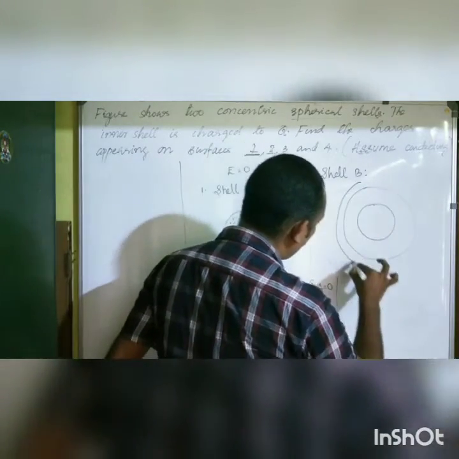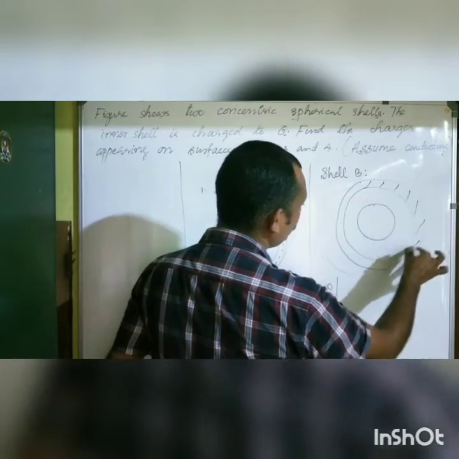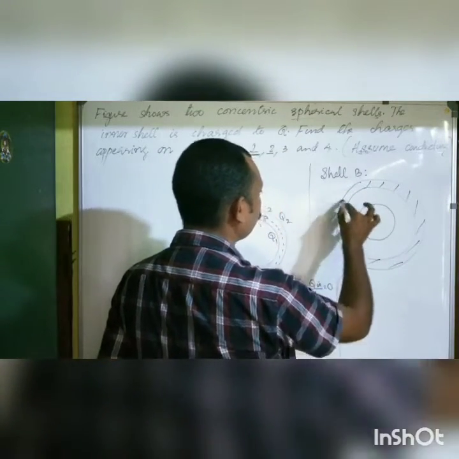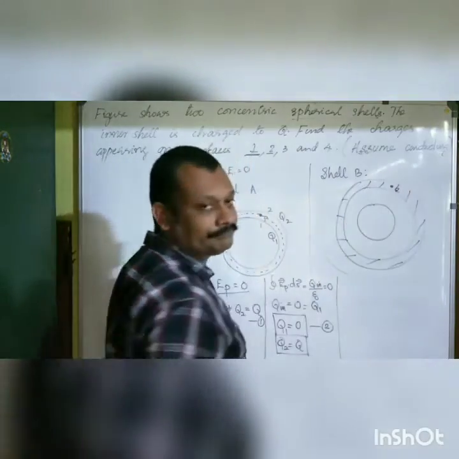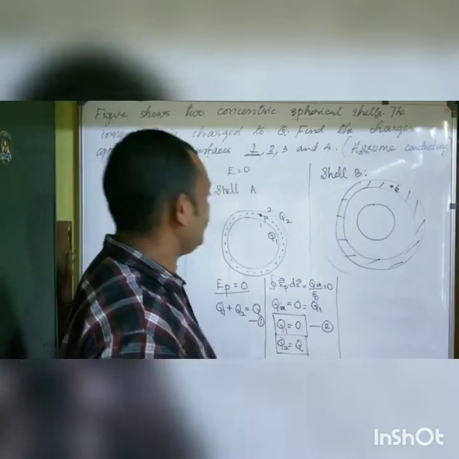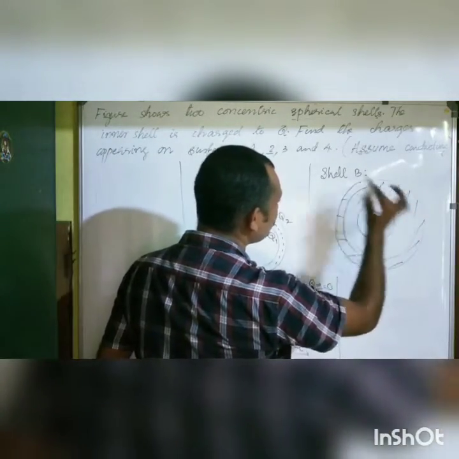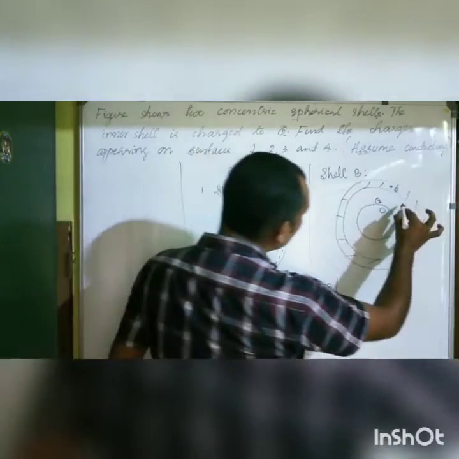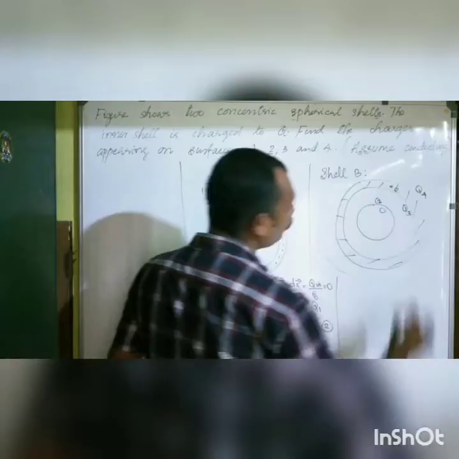Shell B, now I am considering, just like we did in the previous problem, taking a point R here. Now it's all easy. The charge on this surface is 0, the charge on this surface is Q. The charge on this surface I am taking Q3, the charge on this surface I am taking Q4.